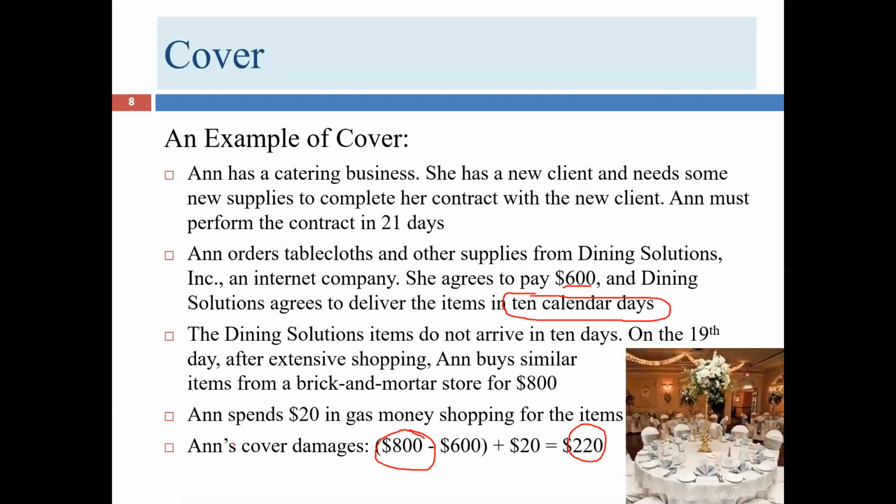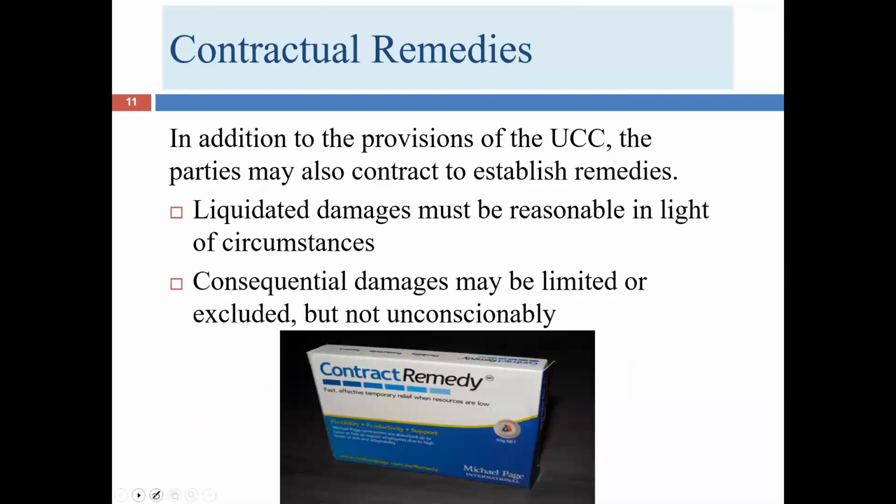We want to withdraw our anticipatory repudiation. Ann's like, yay, great, this is awesome. And so Dining Solutions and Ann agree that there is no need for Ann to mitigate. Dining Solutions mails those yellow tablecloths to Ann, and they arrive within the 10 calendar days. Everybody is happy. That's a wonderful solution to the problem.